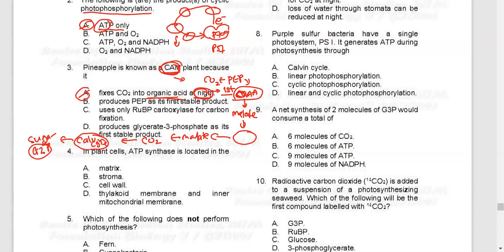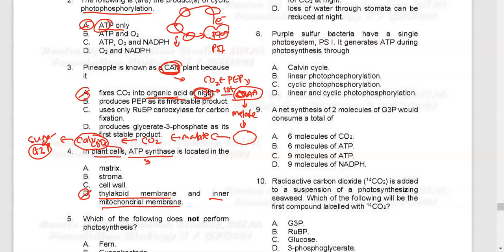Question 4. In plant cells, ATP synthase is located in the thylakoid membrane and the inner mitochondrial membrane. The synthesis of ATP requires ATP synthase, which in plant cells will be located in the thylakoid membrane and also the mitochondrial membrane.